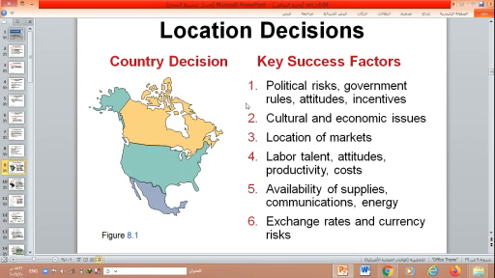We want to take into consideration other key success factors such as attitudes, productivity, and costs, whether the variable costs or the fixed costs, costs related to taxes and so on.